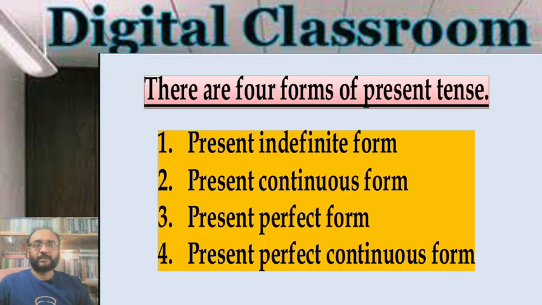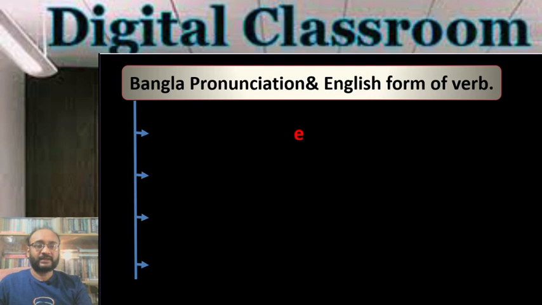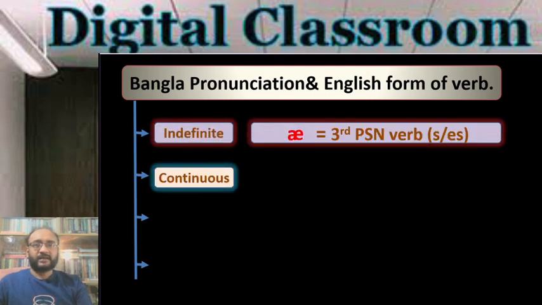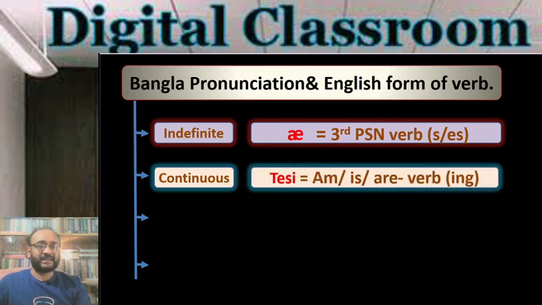You will see, number 1 is what? Present indefinite form. Number 2, present continuous form. Number 3, present perfect form. Number 4, present perfect continuous form. Okay, you'll see Bangla pronunciation with the English form of verb. Present indefinite tense is third person singular number s/es, and continuous form is 'thesi'.